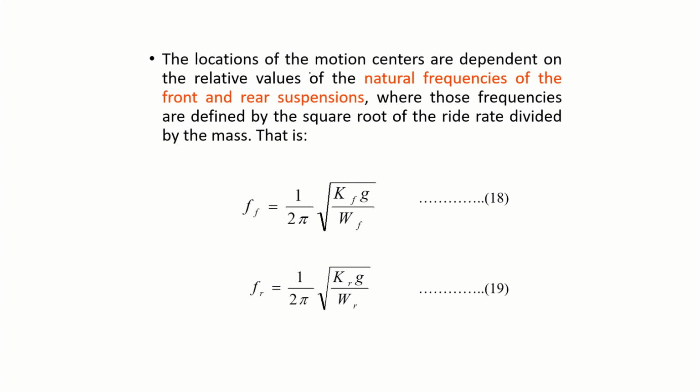The locations of the motion centers are dependent on the relative values of the natural frequency of the front and rear suspension. This is the front natural frequency, this is the rear natural frequency.